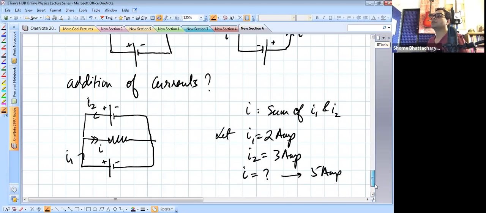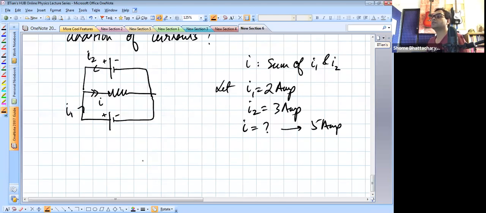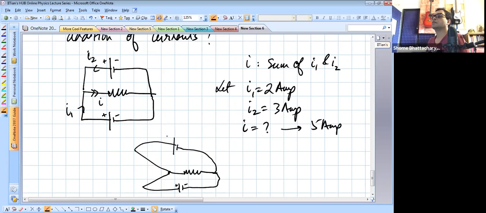Now consider the situation where I change the direction a little bit. So I make this second wire like this, and I make this first wire like this. So you can see I1 is coming in from a different direction, and I2 is coming in from a different direction.